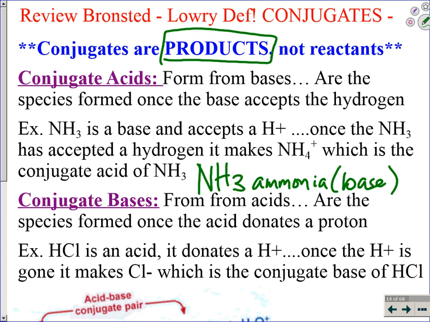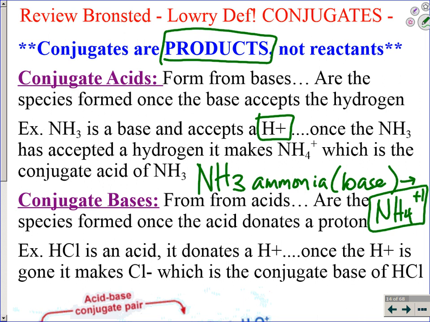What should it look like now? Now it's not just an H that it's accepting, it's an H plus, right? Remember, it's accepting a full proton, H plus. So this becomes what? NH4. Well, does it have a charge currently? No charge currently, so when it gains a plus charge, it's just going to show that 1 plus. So that is the conjugate acid of this base.